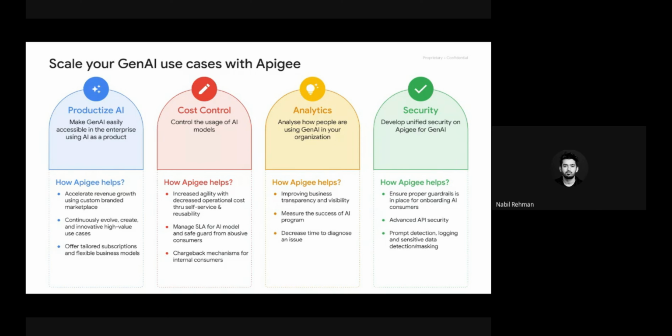So Apigee provides me with an infrastructure where I could, as an AI scientist, work on a generative AI API, create something, but through Apigee, very easily publish it as an API product and then publish it onto the developer portal as well. From the consumer side, I would be able to access these APIs easily and then use it in a self-service way, get an API key, and get going pretty much right away.